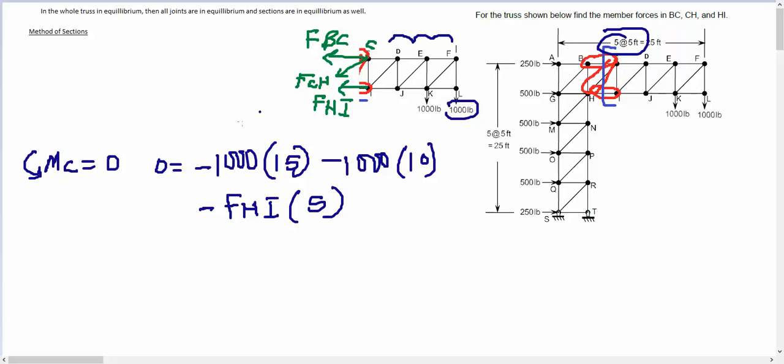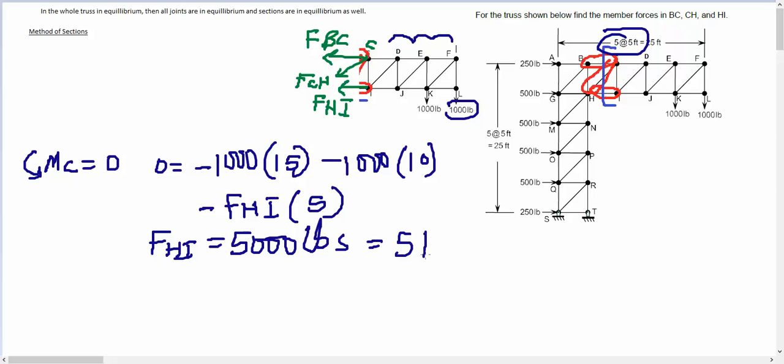So solving for FHI here, we have 5,000 pounds, which is equal to 5 kilopounds. That's negative. And since this is negative, this would be 5 kips in compression.